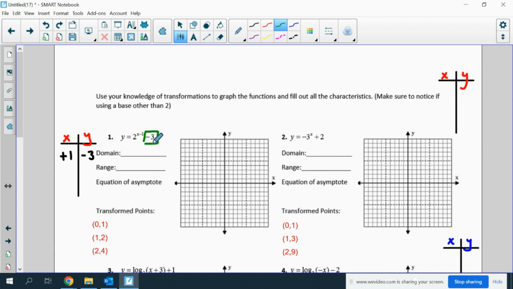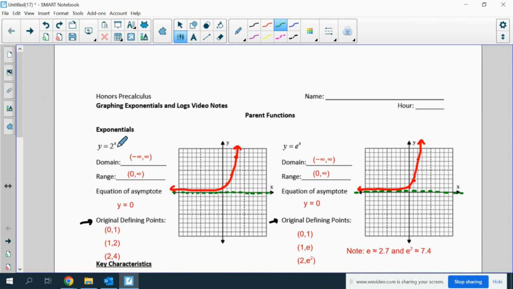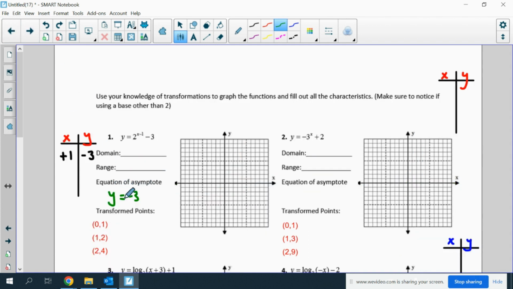This number in exponential graphs will also represent the equation of the asymptote, because notice that the asymptote was y equals 0. Now it's getting shifted down 3. So that represents the equation of the asymptote.